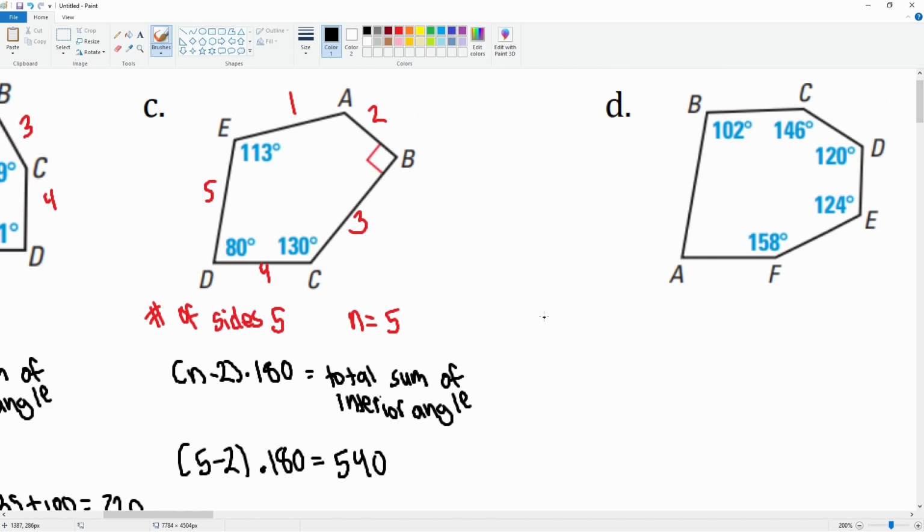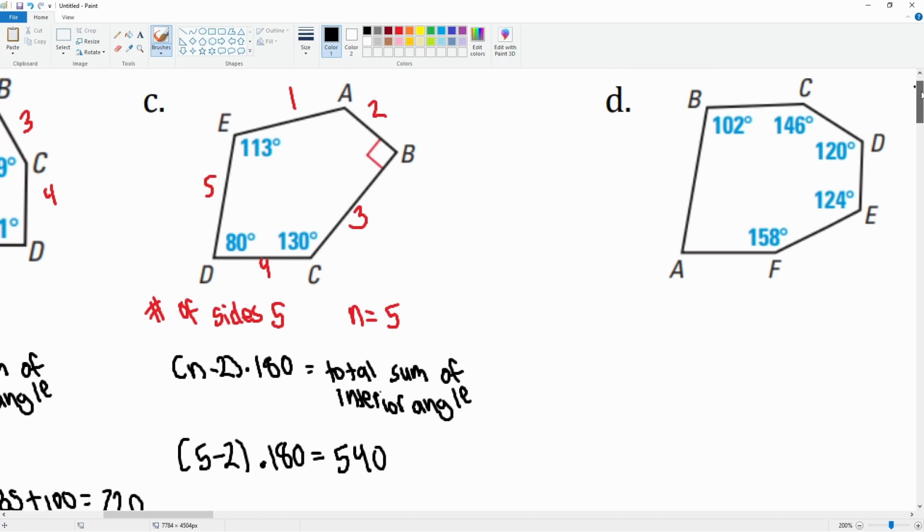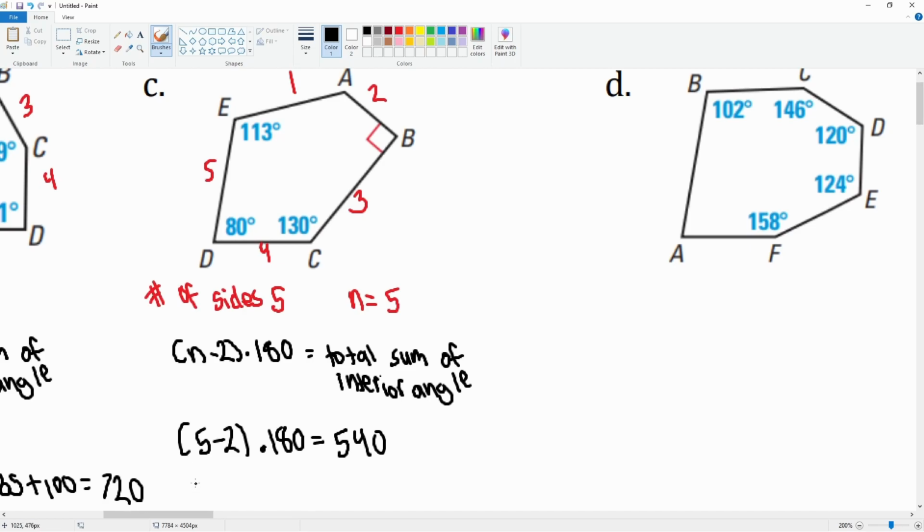I could say that angle A plus, this is 90 here, 90 plus 130 plus 80 plus 113, is equal to 540.